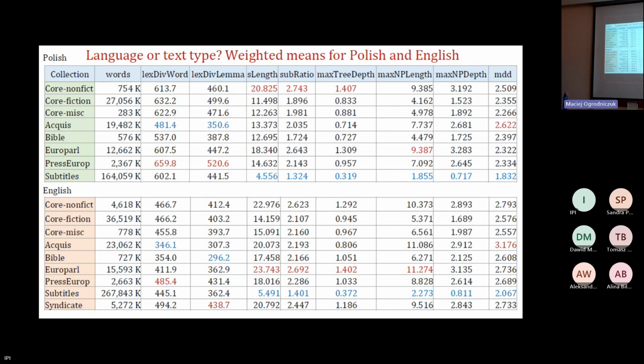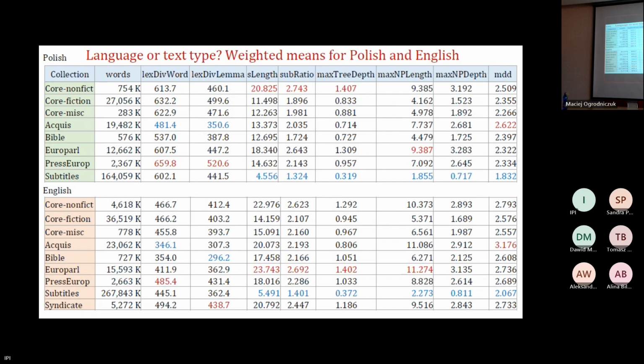So if you take all the text types here for Polish and English, now we are comparing languages. You can see that English is, except for these lexical diversity measures, always a bit higher. It's the type of language, but the differences across the text types are much larger than across the languages, at least in most measures.